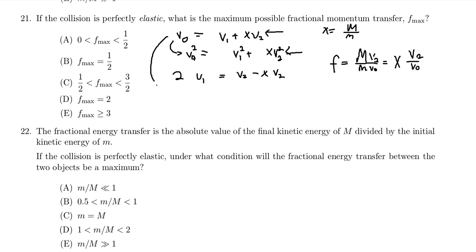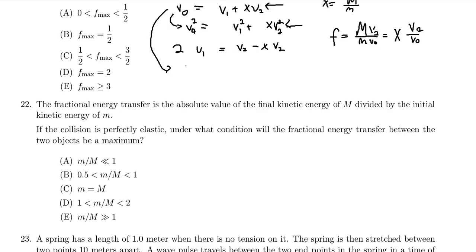And we see here that if I were to divide this entire equation by v0, we would get 1 equal to v1 over v0 plus x v2 over v0.